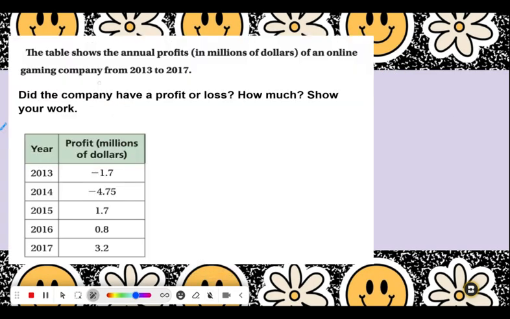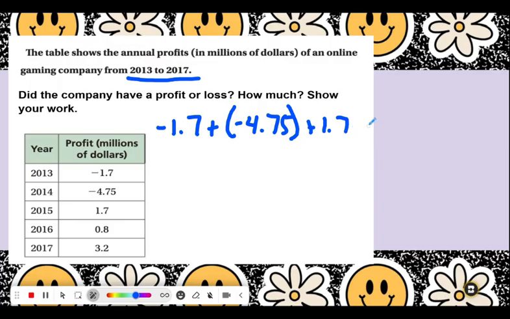Okay, the last one. We have a profit or loss, we're not sure, from 2013 to 2017. Okay, so we need to add all of these numbers. Plus 1 and 7/10, plus 8/10, plus 3 and 2/10.